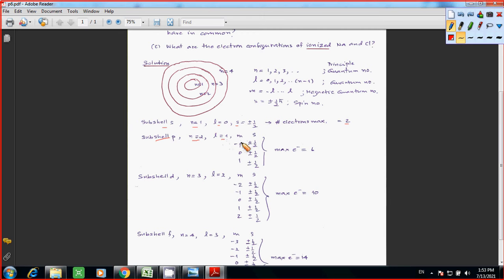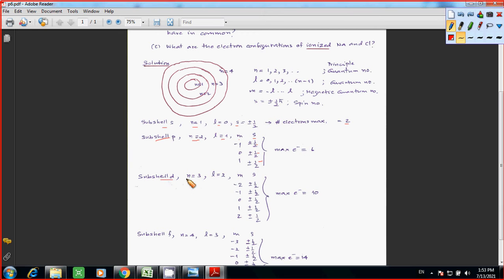Then the magnetic quantum number starts from negative 1 to L, so M becomes minus 1, 0, and 1, and then there is the spin number. So you have a maximum of 6 electrons, right? That's 2, 2, 2, three ups and 2, making 6.